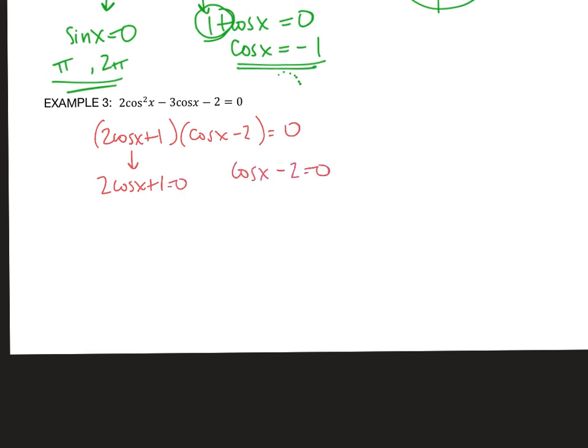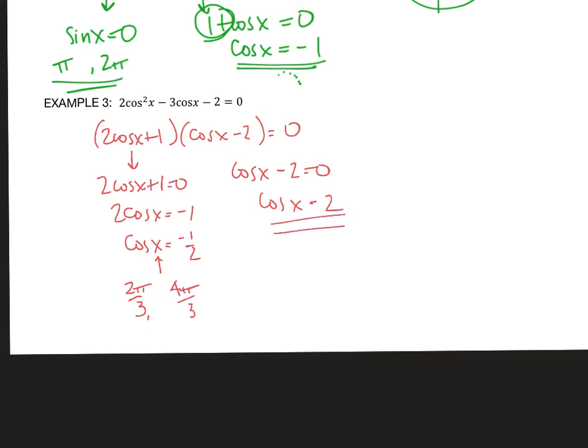I'm going to solve both of them. And this is where I start looking on the unit circle for spots where the cosine of the angle equals -1/2, which happens at 2 pi over 3. It also happens at 4 pi over 3.